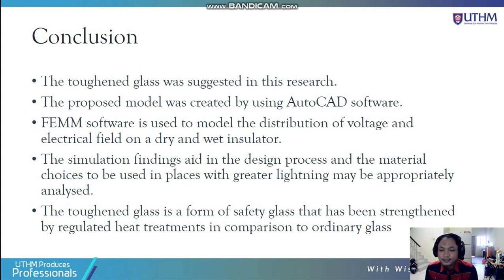This sort of glass is additionally subjected to heat and chemical strength treatments, making it extremely difficult to break or modify. Toughened glass is frequently suggested for use in construction of high voltage insulators since it provides several benefits to consumers and is also less expensive than other materials.